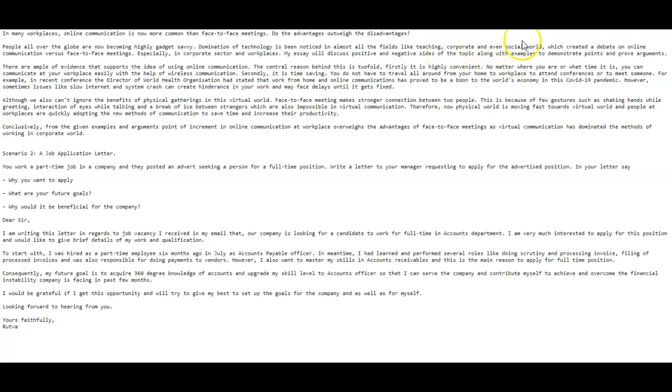You can't really say that social world is a field, and the corporate field, the corporate world, I don't know. There was something weird about this grammar here. So the domination of technology has been noticed in almost all fields: teaching, the corporate world, and even social life. Okay, maybe you could have said it like that.